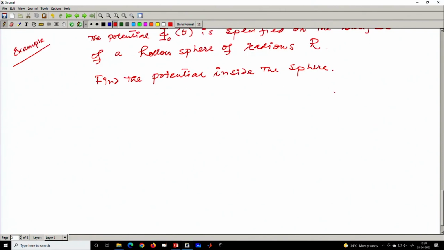Okay, so that is my sphere, say, this is a hollow sphere.